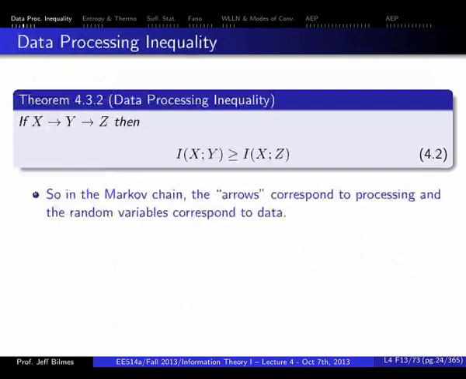So the data processing inequality says if X, Y, Z form a Markov chain in this way, then we must have that the mutual information between Y and X can only decrease when we do further processing, the mutual information between Z and X. So Z can only have less information, or the same, or at most the same information about X that Y has about X.